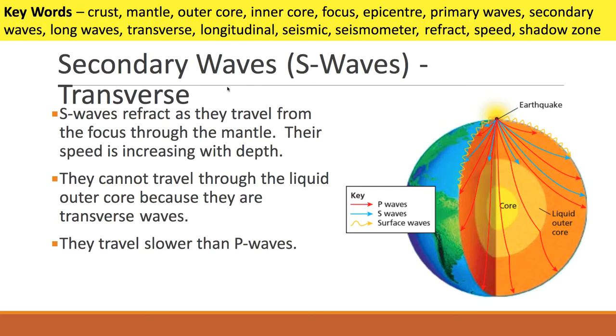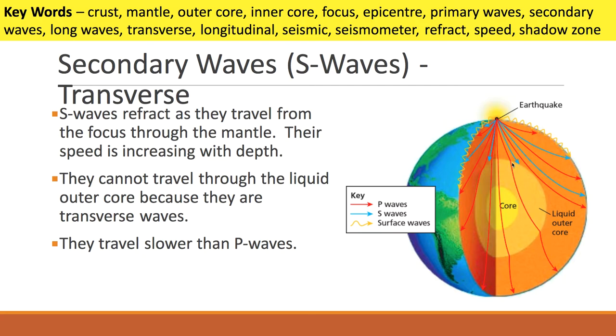So if we look at the waves as they travel through the Earth, we have got our P waves, the red ones, and when they go from one material into the next, they refract, they change speed, they change direction, and then they come out the other side, in this one's case, back into the mantle, and it refracts again.